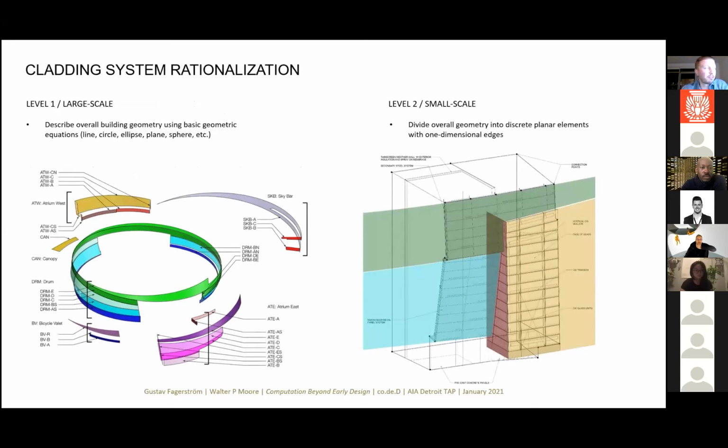If you look at the left side of this slide, the level 1 so-called rationalization is a large scale one, which aims to describe overall building geometric entities with various basic geometric equations, the simple parametric ones with lines, circles, ellipses, planes, and spheres, etc. And then as you go down in scale into more actual architectural assemblies and components that are physical pieces of stuff, the level 2 so-called rationalization comes into place, where the overall global geometry, the one seen on the left under level 1, will be divided into discrete, in this case, planar elements with one-dimensional edges.